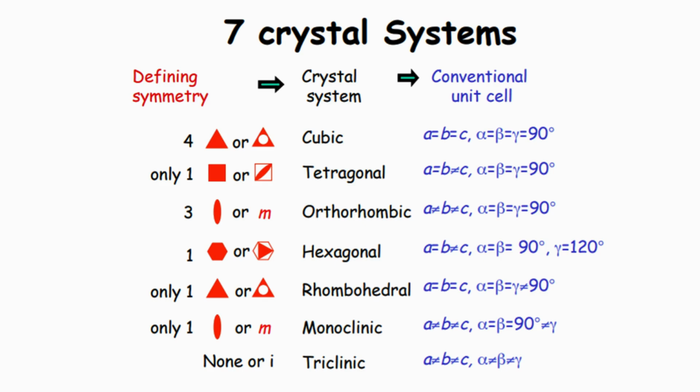For example, if you take a cube, all the crystal classes of that system must possess 4 axes of 3-fold symmetry. Similarly, the tetragonal system must have only one 4-fold symmetry, which is the c-axis, whereas the orthorhombic system is defined by three 2-fold symmetries. The hexagonal system is defined by one 6-fold symmetry, and the rhombohedral class must have only one 3-fold symmetry.